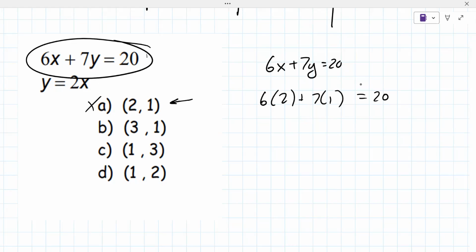So that one would not equal 20 either. All right, how are you doing on this? I'm doing the third one. Okay.